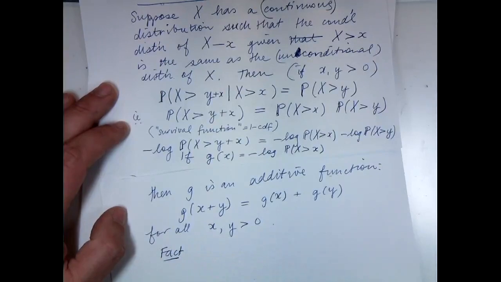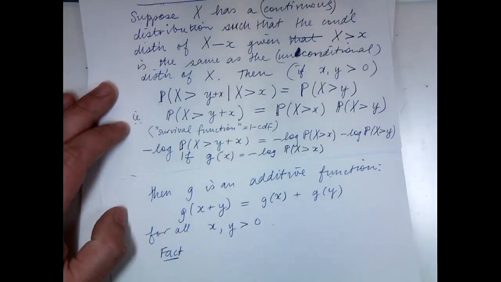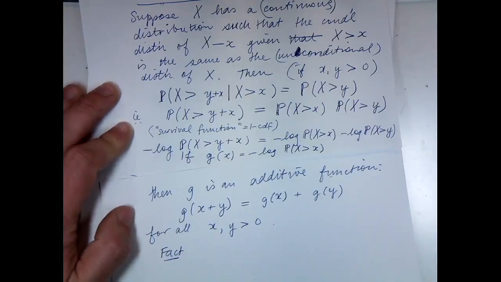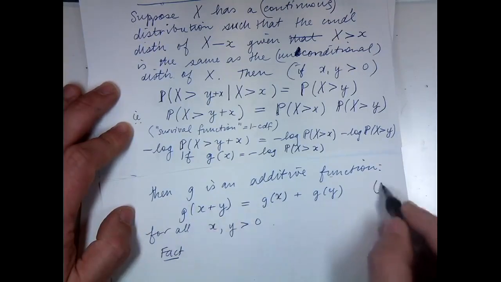By the way, can anyone think of any additive functions on the reals? So g has to be a function defined on all positive real numbers, and it has to be additive. Can anyone think of any such function, like just a function that has this star relation?